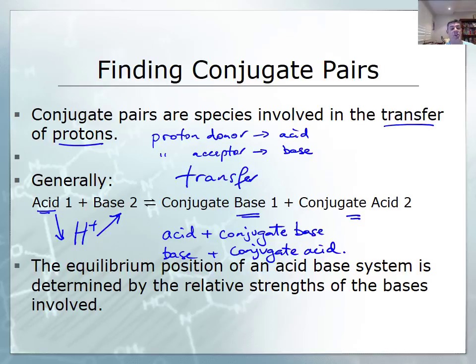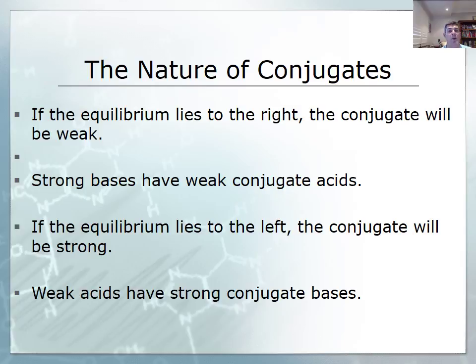The equilibrium position of an acid-base system is determined by the relative strengths of the bases involved. So if we look at the bases, that gives us an idea about where the equilibrium lies, either to the right, favouring our products, or to the left, favouring the reactants. If the equilibrium lies to the right, the conjugate will be weak. That is to say, hydrochloric acid, when we dissolve it in water, will form H3O+ and Cl-.